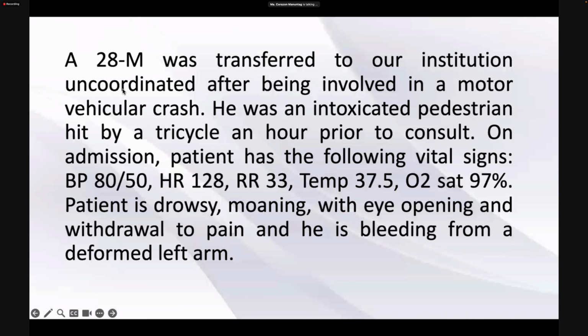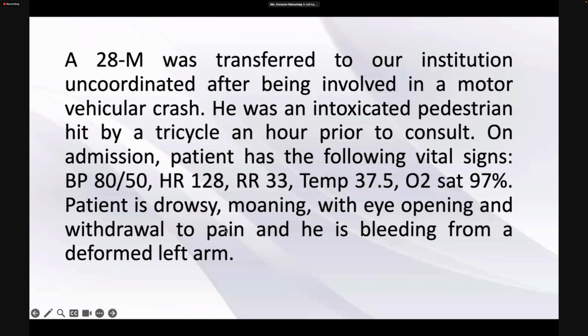For this question, this is the case. A 28-year-old male transferred to the institution uncoordinated after a motor vehicular crash. He was an intoxicated pedestrian hit by a tricycle. On admission, the patient has the following vital signs: hypotensive at 80/50, tachycardic at 128, RR is 33, autosat is 97%. The patient is drowsy, moaning with eye opening and withdrawal to pain.